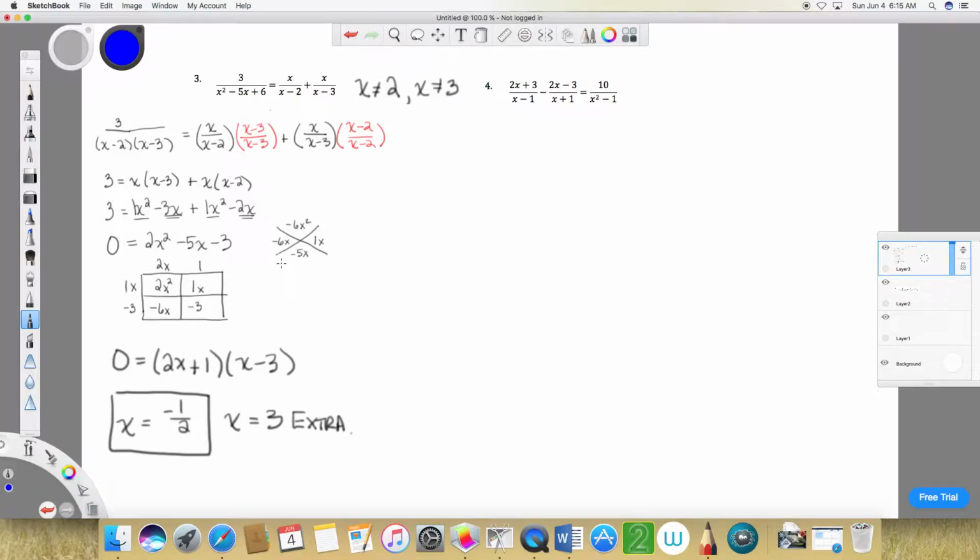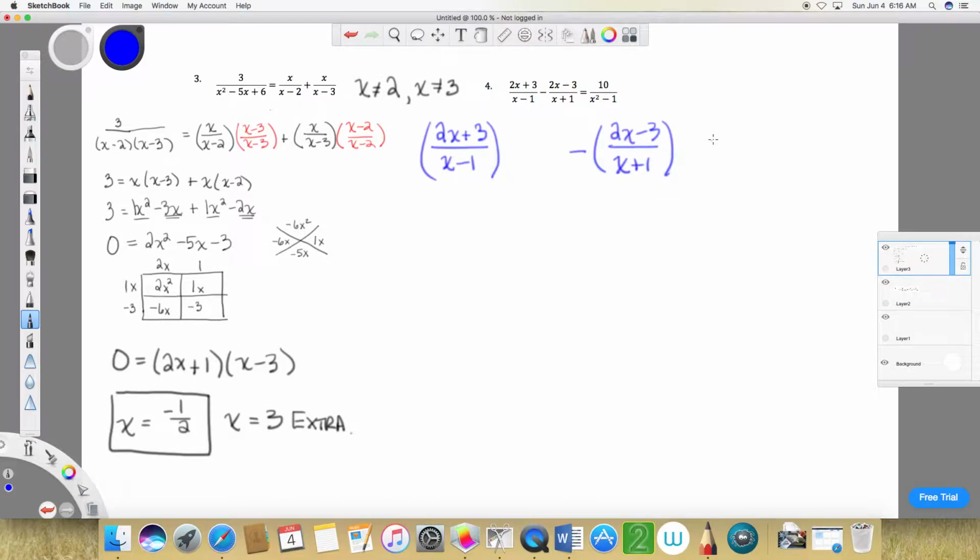Should be very similar. We look on the left-hand side and we see that we have different denominators, and on the right-hand side we want to factor that denominator. So I've got x plus 3, 2x plus 3 over x minus 1, and I have 2x minus 3 over x plus 1.